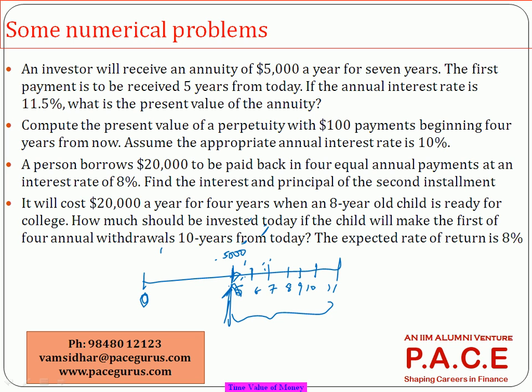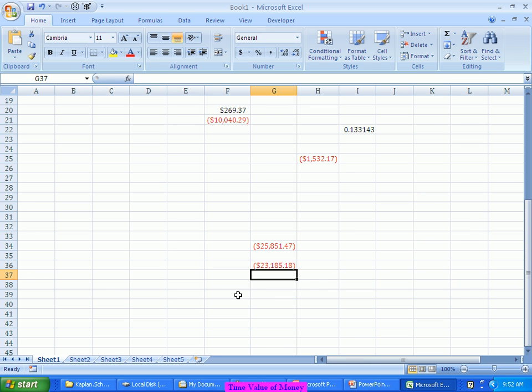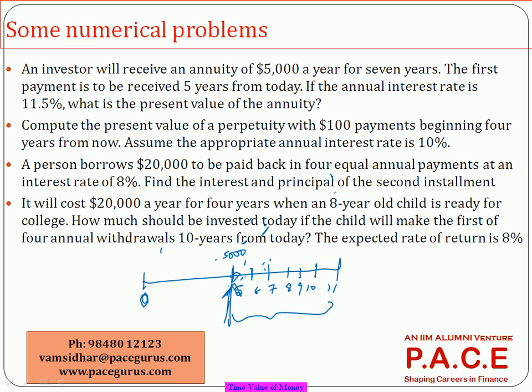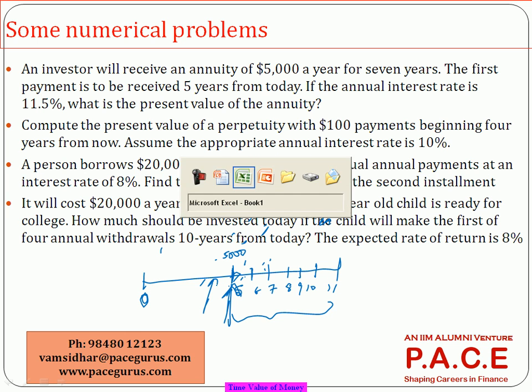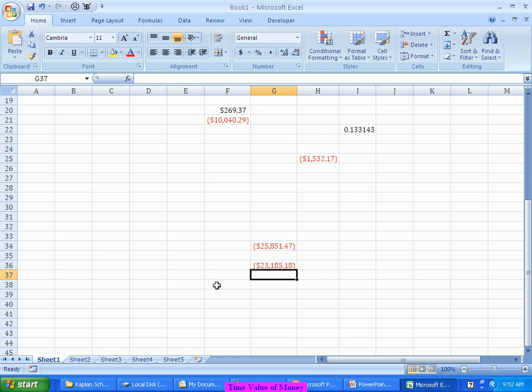As of that day, the value is 25,851. And I have shifted only up to here. In the second example, I have shifted only up to here, 4 years from now. So as on that day, the value is 23,185.